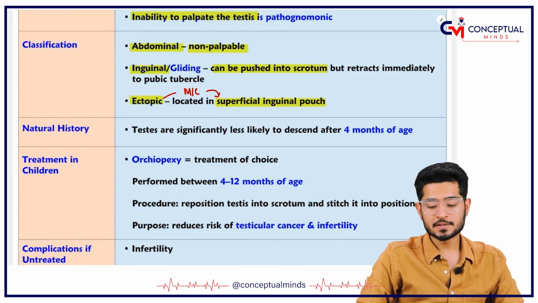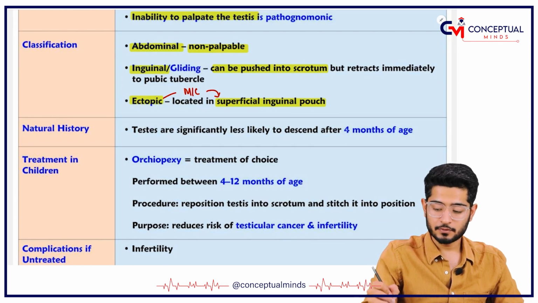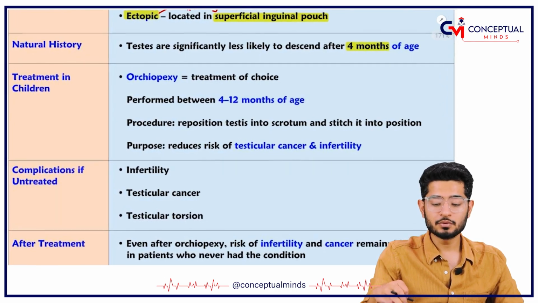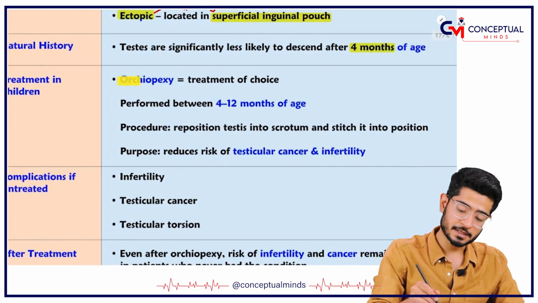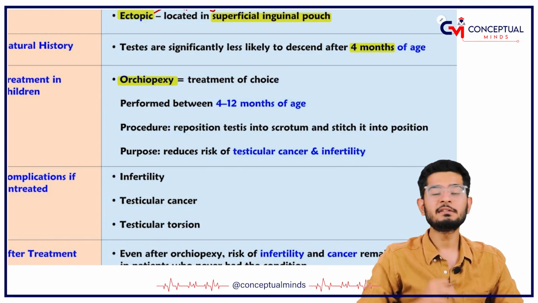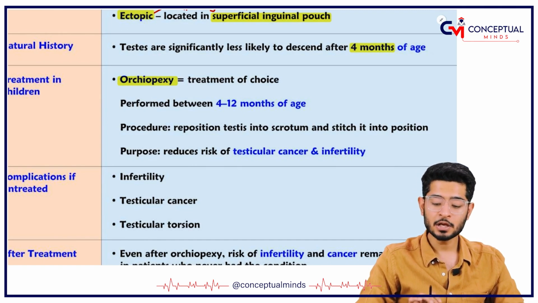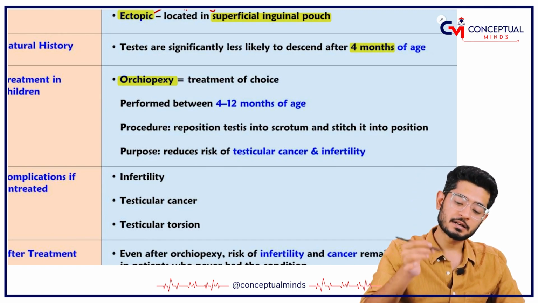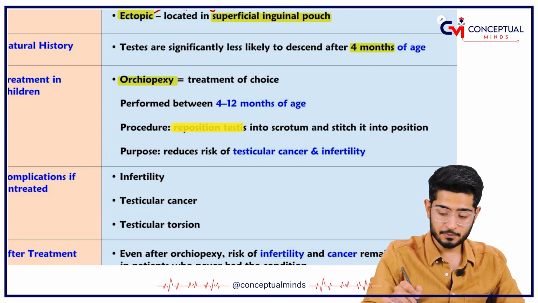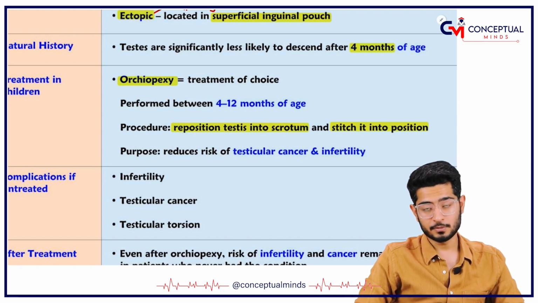Now, what is the natural history? The testis is significantly less likely to descend after 4 months. Now, what is the treatment? The treatment of choice is orchidopexy. Orchidopexy means you bring the testis down, reposition it into the scrotum and stitch it into the normal position.